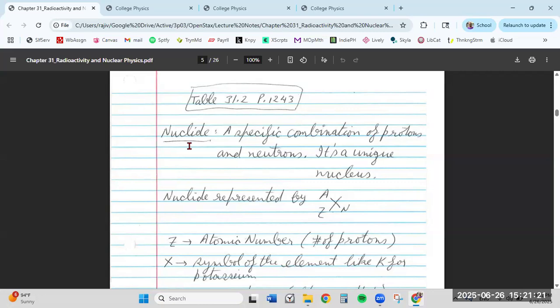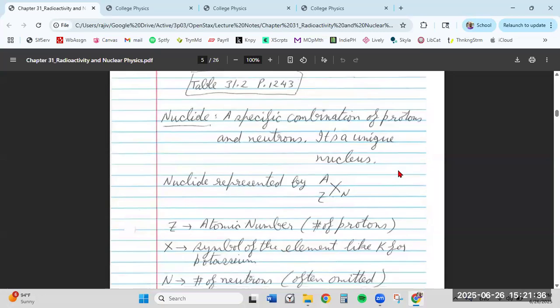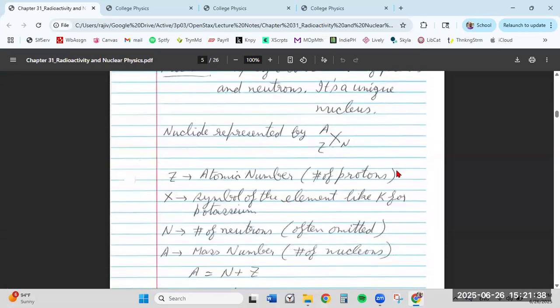The term nuclide refers to a specific combination of protons and neutrons. It is a fixed number of protons and neutrons, so it's a unique nucleus. A nuclide is represented by this notation.